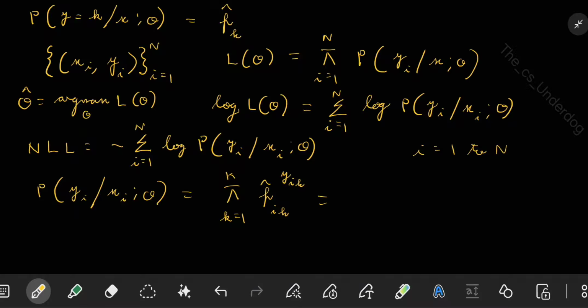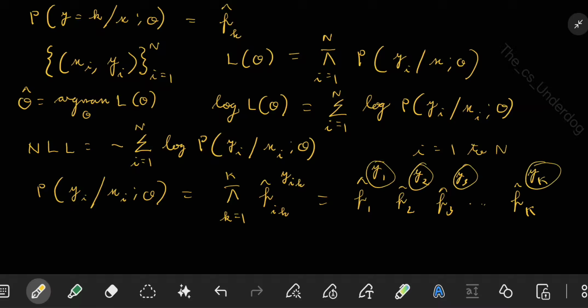When you expand, this will be like p1 cap raised to y1, p2 cap raised to y2, p3 cap raised to y3, and so on up to pk cap raised to yk. Among all these y's, everyone will be 0 except one particular y, which is the true class. When y is 0, this whole thing automatically becomes 1. p2 raised to y2 becomes 1.